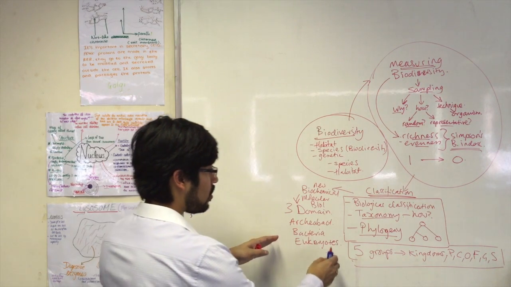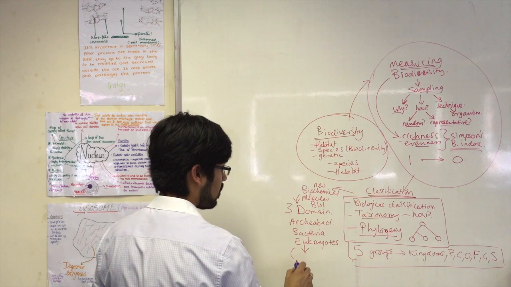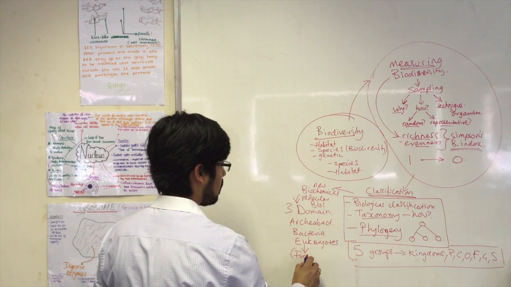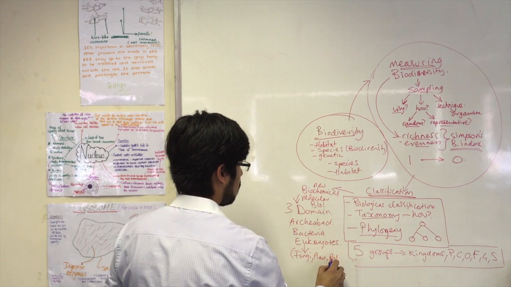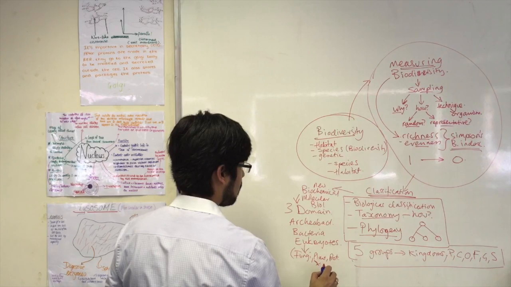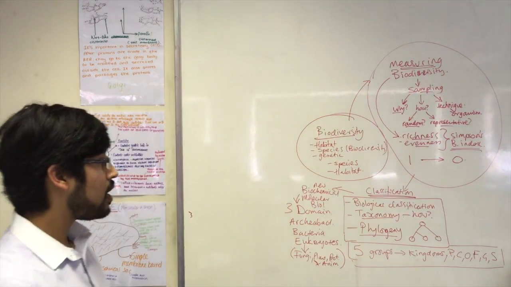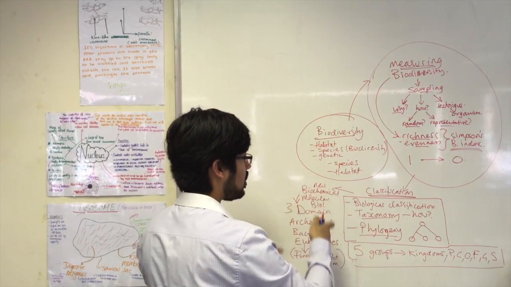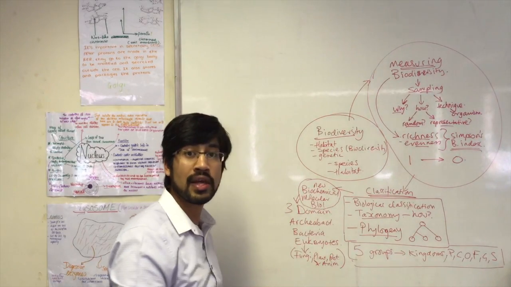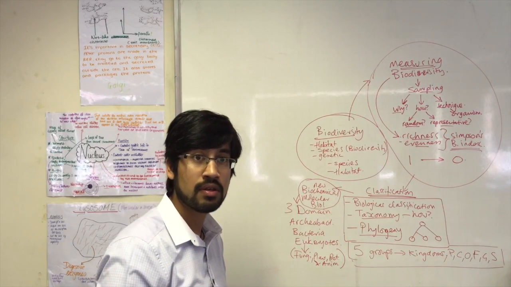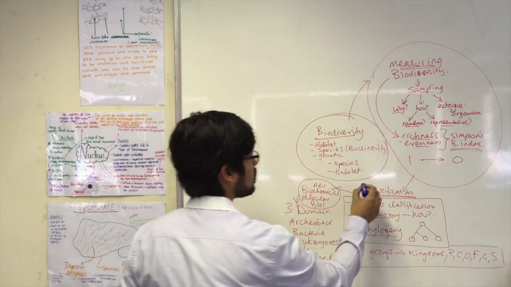Okay? And the eukaryotes, within that big domain, we still have all the other kingdoms, such as fungi, plant, protoctist, and animal. Okay? And that restructuring is because we had new evidence on which we could classify. Okay? And I believe that is classification.